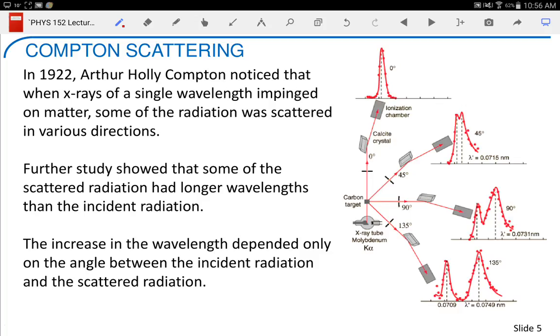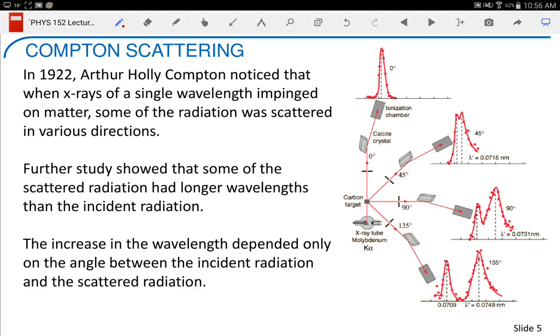Okay, moving forward to Arthur Holly Compton in 1922. He found something miraculously crazy that contradicts exactly what 8 of you just answered. He was hitting a crystal with light, and he found that if the light went straight through, of course he had the same wavelength or same frequency that he started with in air.